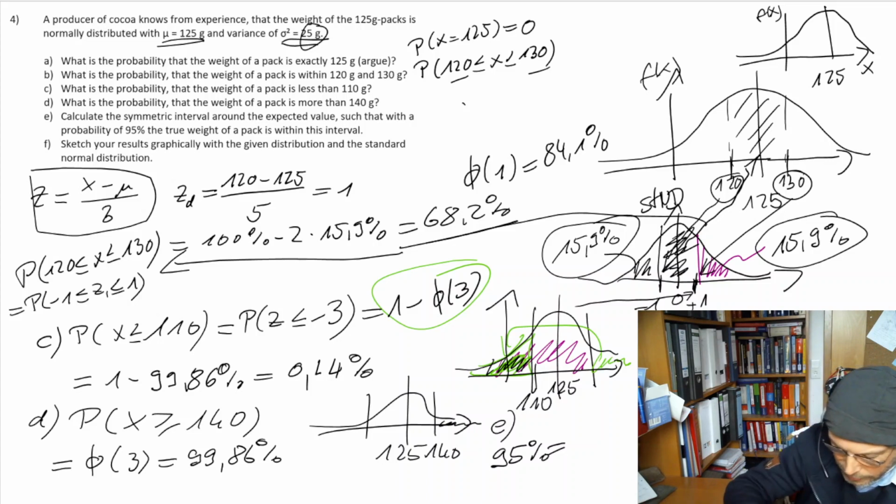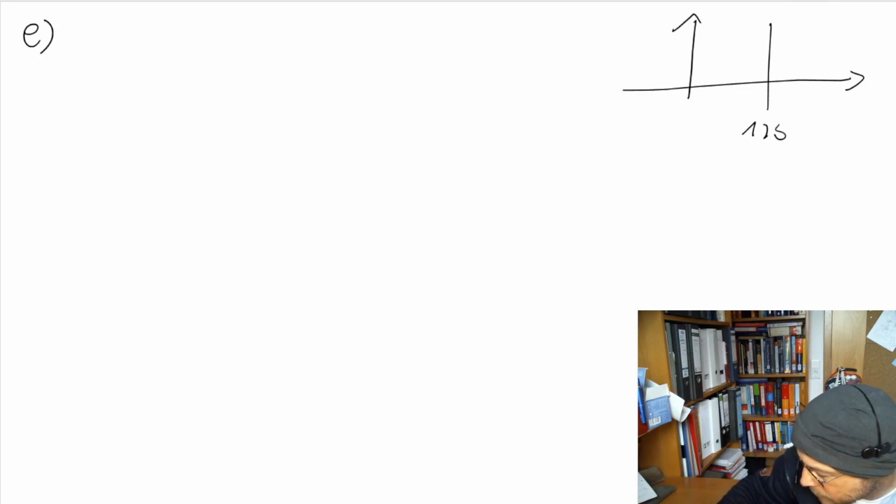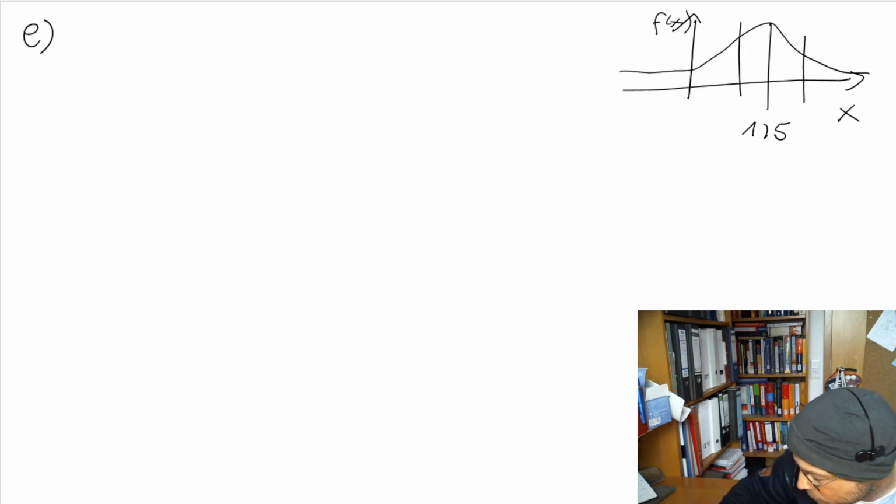I think I go to the next slide. So E. Graphically, what we want to do now is 125, f of x, x, and now we do not know the numbers of our interval.